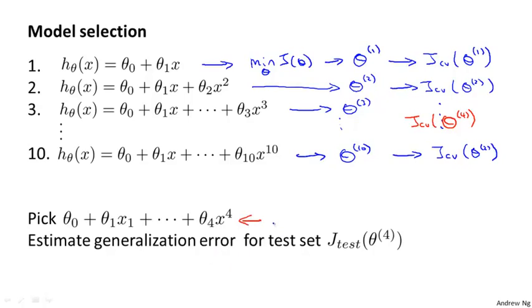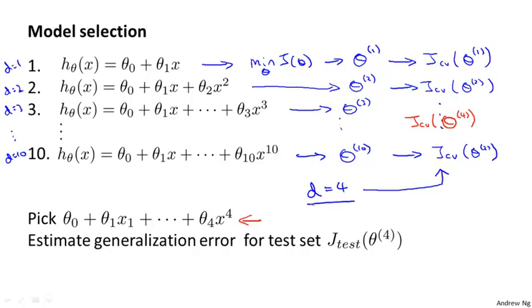And finally, what this means is that parameter d, remember d was the degree of polynomial, right? So d equals 2, d equals 3, up to d equals 10. What we've done is we've fit that parameter d and we've set d equals 4, and we did so using the cross-validation set.